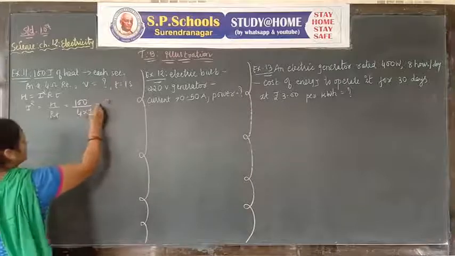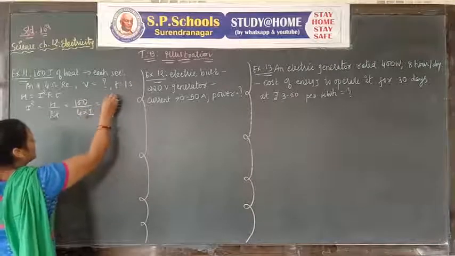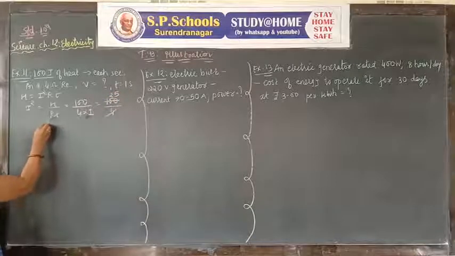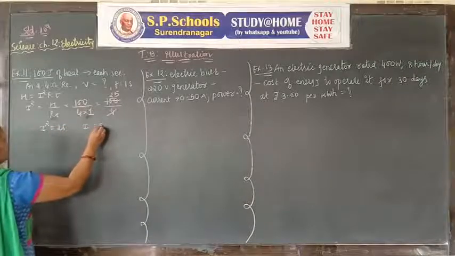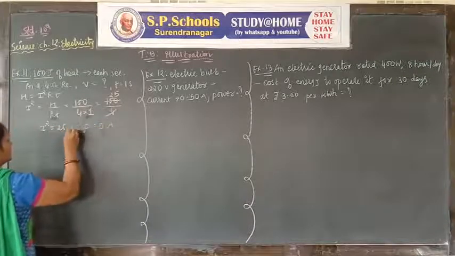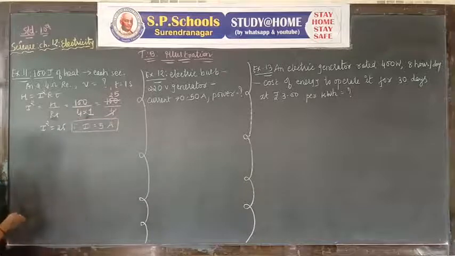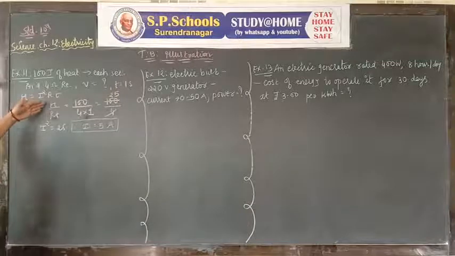When we calculate it, 100 by 4 is 25. So I square is equal to 25, so I is equal to 5 ampere. You can calculate it in simple ways.